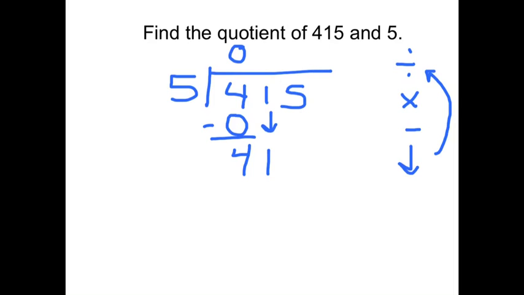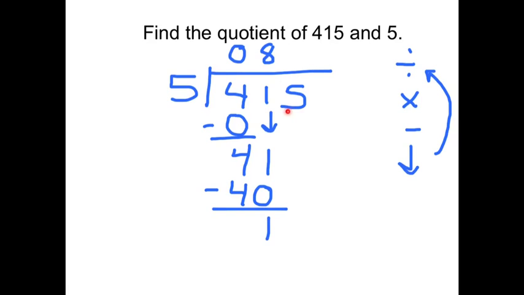So 5, 10, 15, 20, 25, 30, 35, 40, which was 8 times. And that 8 times 5 is 40. That was the next step. Now subtract so we can see if there's anything left over. And yes, there's 1 left over.